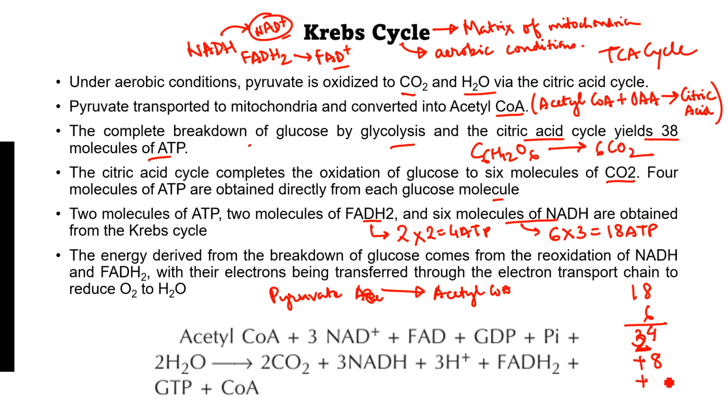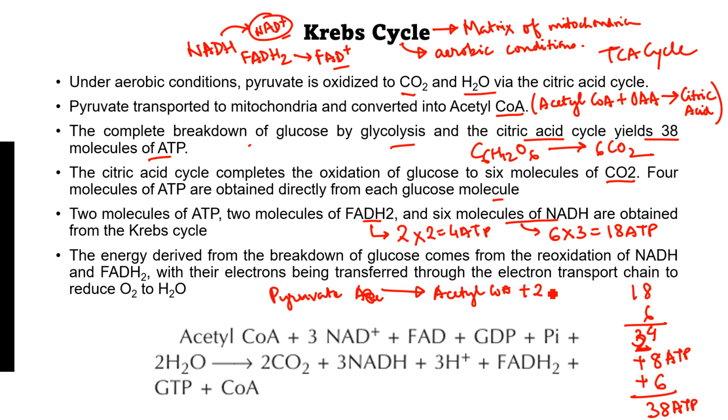From 2 molecules of NADH, you will again get 6. So if you add all these, you will get 13 ATP molecules, right? Is it clear now? So eight ATP molecules from glycolysis and six during the conversion of pyruvate to acetyl CoA.